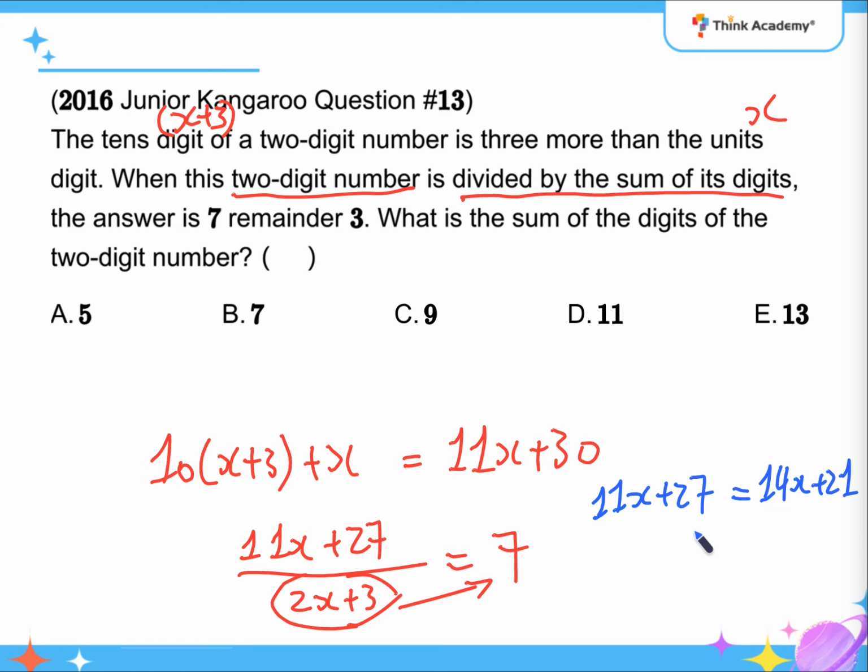So it means that 3x is 6 and x is 2. So the sum of digits is going to be 2x adding 3, which is 2 times 2 is 4 adding 3, that's 7. So the answer is 7. Okay, so that's for question number 13.